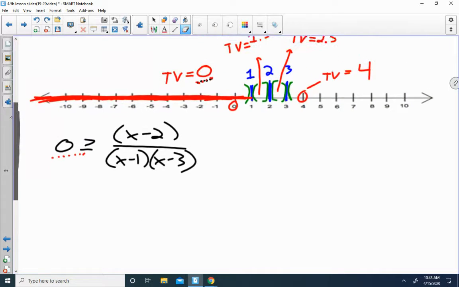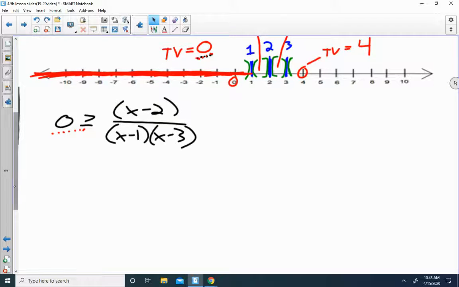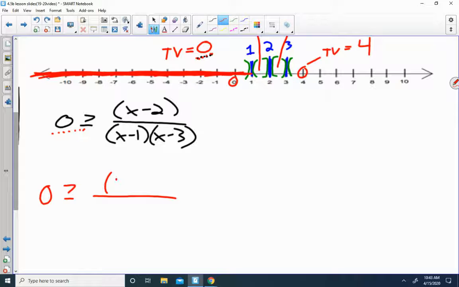Now I'm going to do the second test value. I'm going to plug in 1.5. And if my math is correct, it should give me a false statement. But let's find out. So 0 greater than or equal to, I got to plug in 1.5 for each x. So 1.5 minus 2, all over 1.5 minus 1, and then 1.5 minus 3.